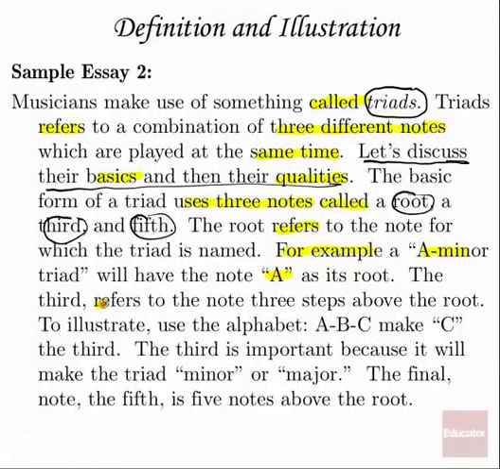The third refers to the note that is 3 steps above the root. To illustrate, use the alphabet. A, B, C makes C the third. The third is important because it will make the triad minor or major. The final note, the fifth, is 5 notes above the root.